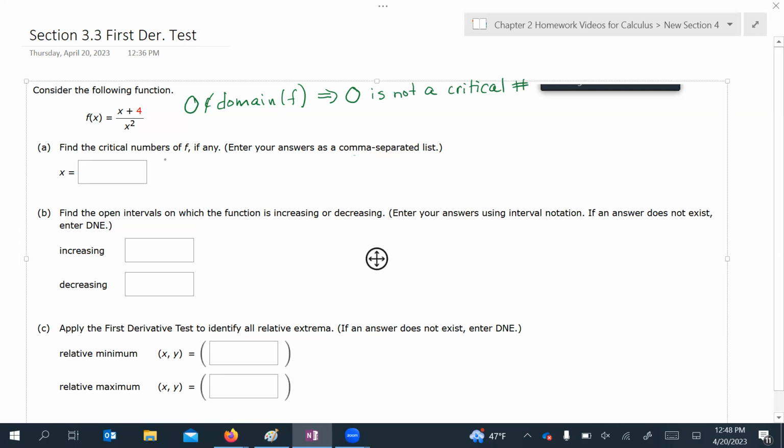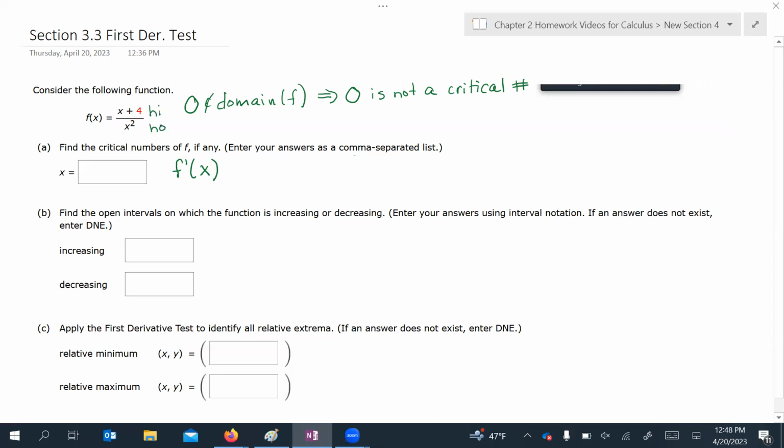All right, from there we want to find critical numbers, and those are values of x where f prime equals 0, so I need to have f prime of x. For me, I'm going to find f prime by using a mnemonic device of the quotient rule. It uses the hi-ho.